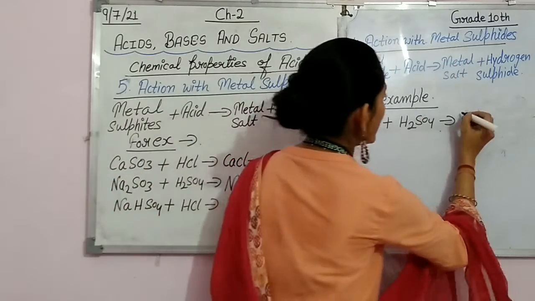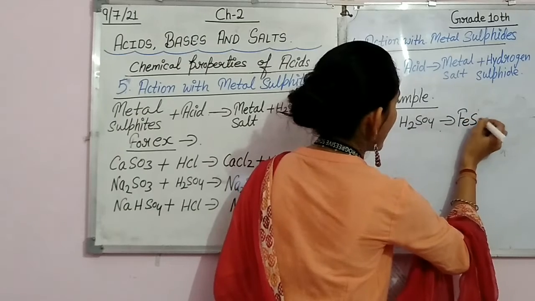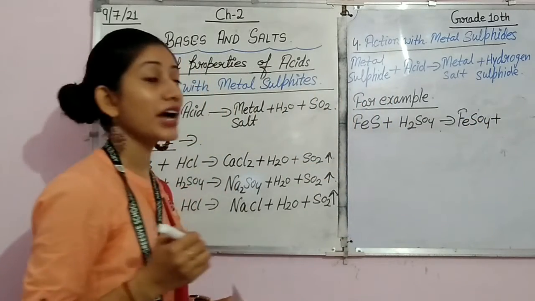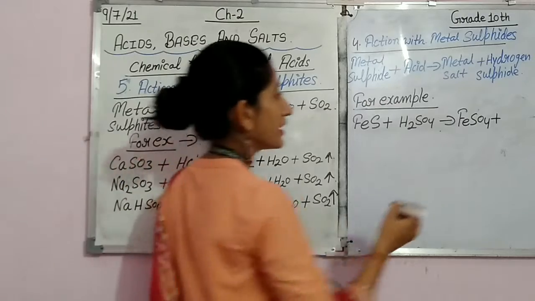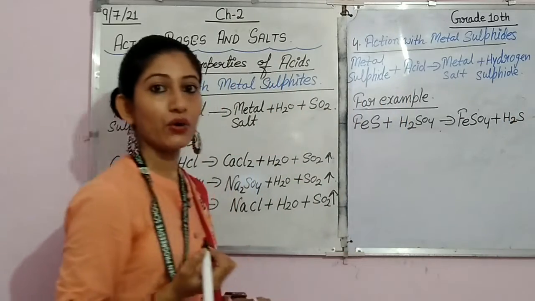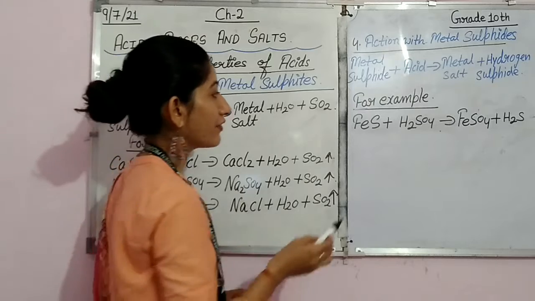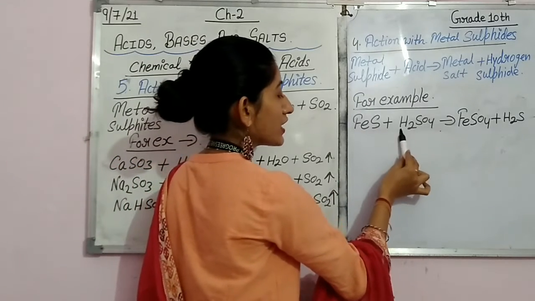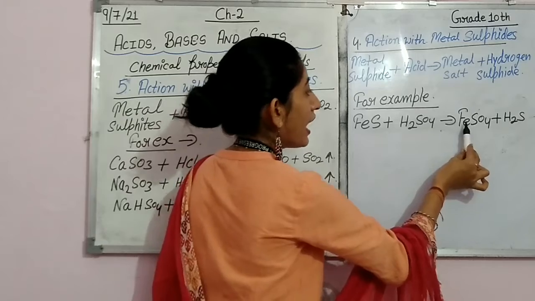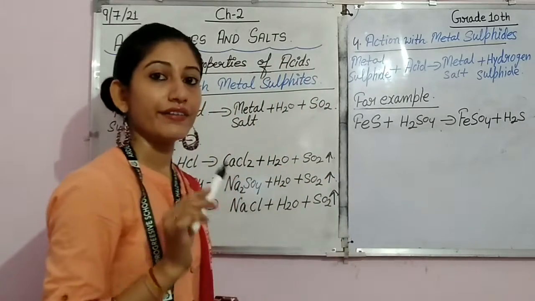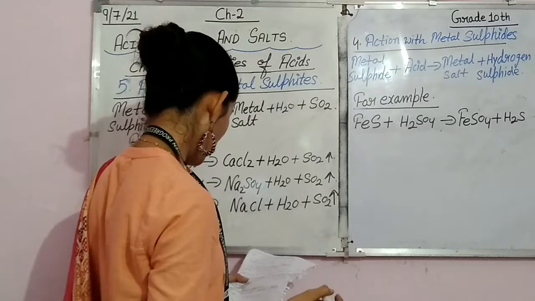What salt will form? FeSO4 will form, and what will be released? Hydrogen sulfide will be released. What is hydrogen sulfide? H2S. So I hope now it is clear to everyone. When we have taken ferrous sulfide and we are reacting it with sulfuric acid, then FeSO4 is formed and hydrogen sulfide is released.